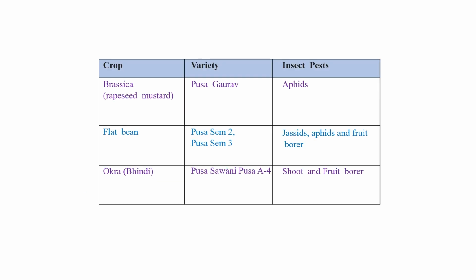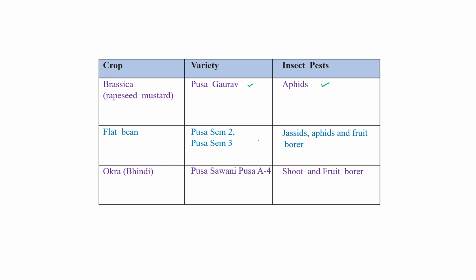Okay, as you can see in this picture, there are certain crop varieties which are showing resistance to various insect pests, and all these varieties have been developed by IARI, the Indian Agriculture Research Institute. Like this Brassica variety Pusa Gaurav is showing resistance to aphids.